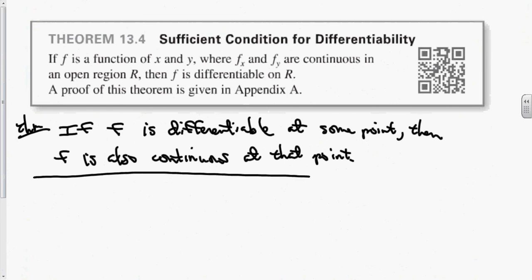This is a theorem. Its contrapositive is also true.